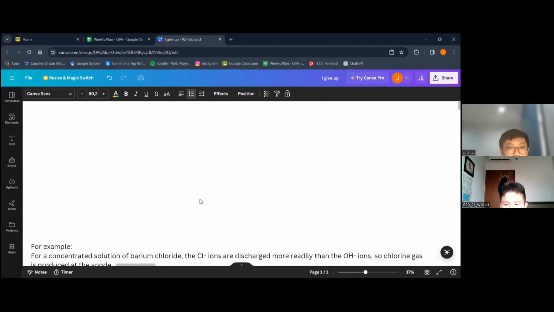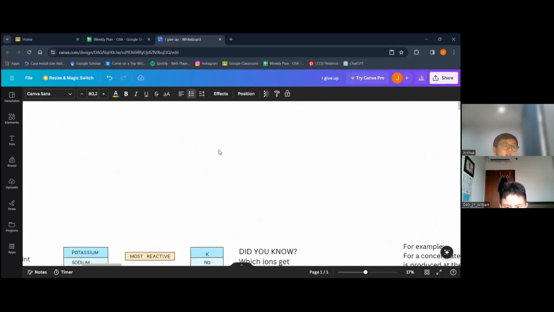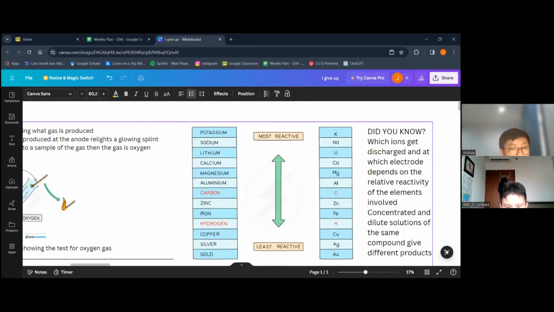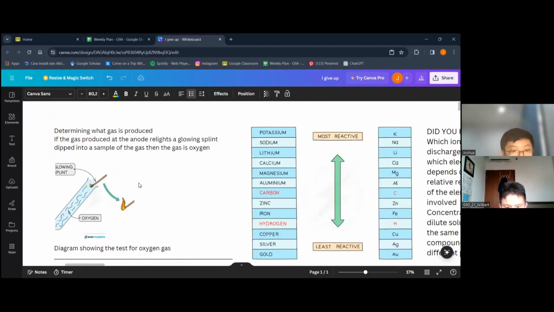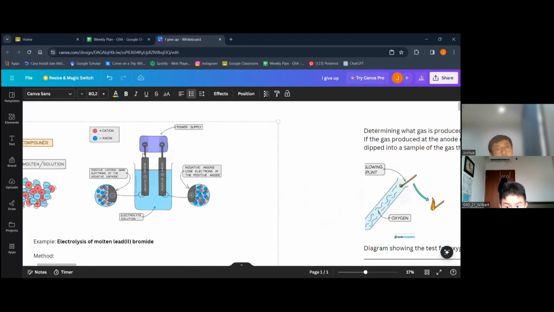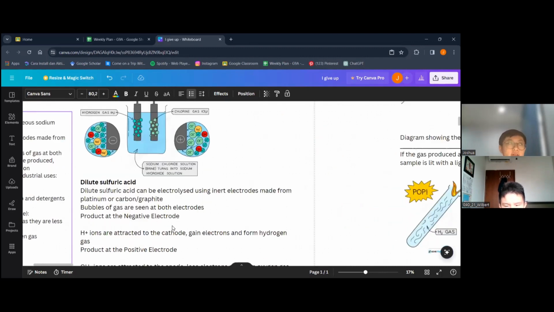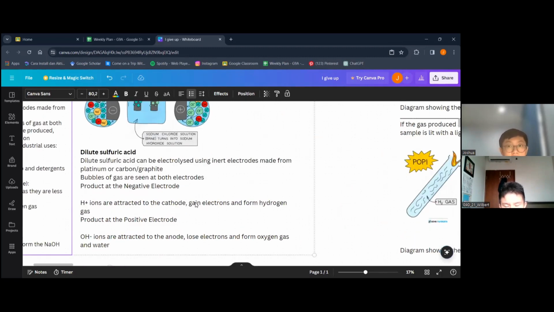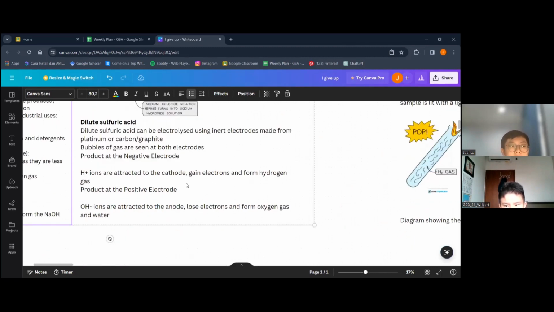In the reactivity table, as you can see, the only thing that can be electrolyzed at the cathode is hydrogen. So what forms at the cathode is hydrogen, but for the anode, SO4 is sulfate essentially, but it's not a group 7 element.